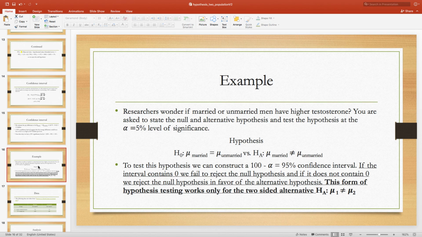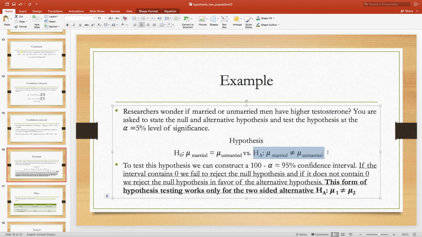Now, when you have a two-sided alternative like this, you can test the hypothesis by simply constructing a confidence interval. If the interval contains 0, then that indicates that the mean difference could be 0, and you would fail to reject the null hypothesis.